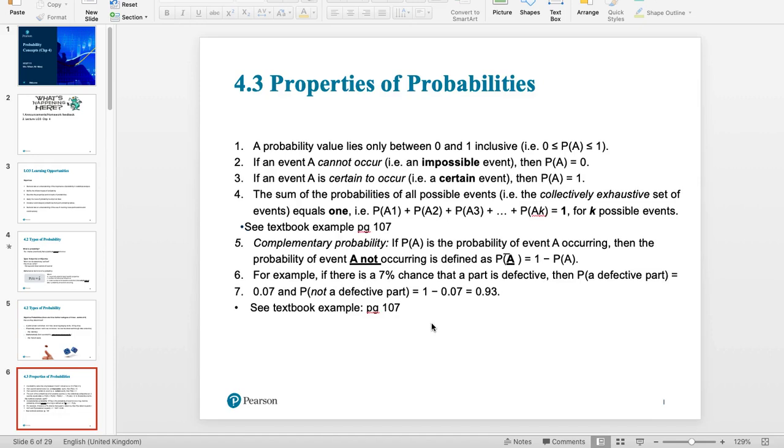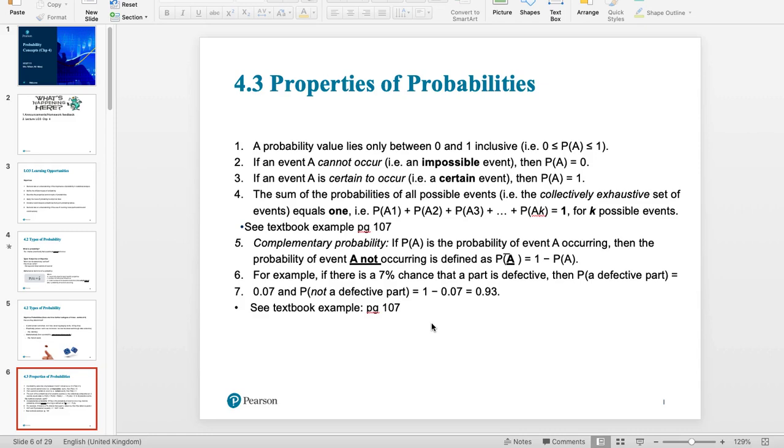So what are the properties of probability? First of all, probability values only lie between 0 and 1. Any value will not exceed 1. That's why we put them into numbers and decimals, but the highest probability you could get, the highest level of certainty, will be 1.